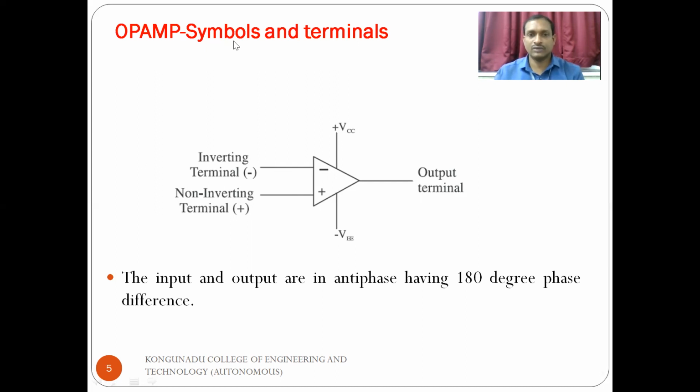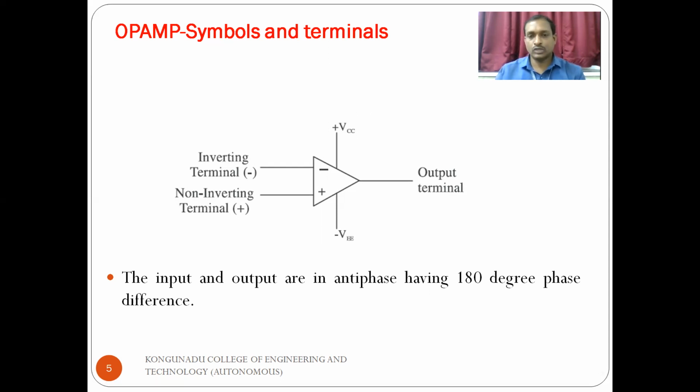Next are the power supply connections, VCC. We are going to provide the fixed DC voltage plus VCC and also minus VEE for pin numbers 7 and 4 respectively. The last one is the output terminal. Mostly in an 8-pin package, the 6th pin is the output terminal.